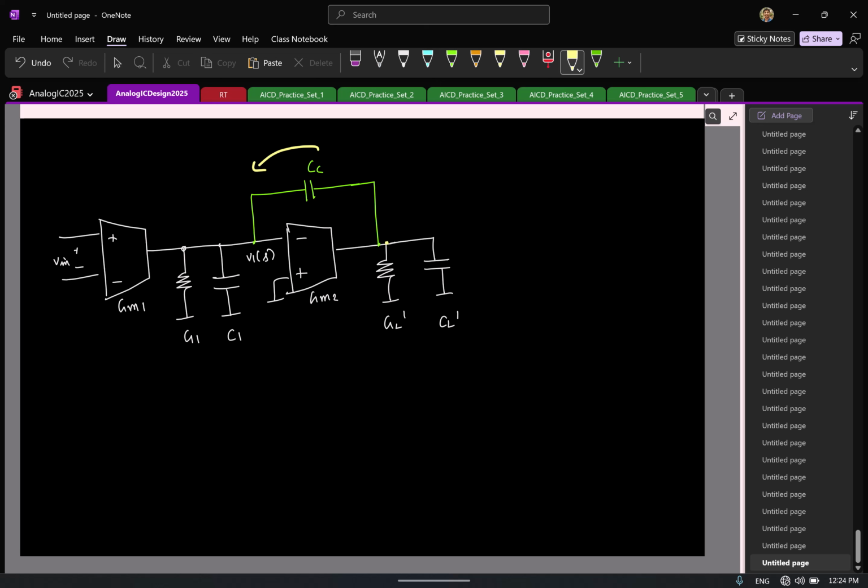Now this capacitor is a poor thing, it doesn't differentiate directions. So it can conduct both in feedback as well as in feed forward. That is why you have a current flowing in this direction that can get added to this path. So which means if I don't want to have 0, I should have only conduction on the feedback side. I should avoid any kind of current that is getting conducted on this side.